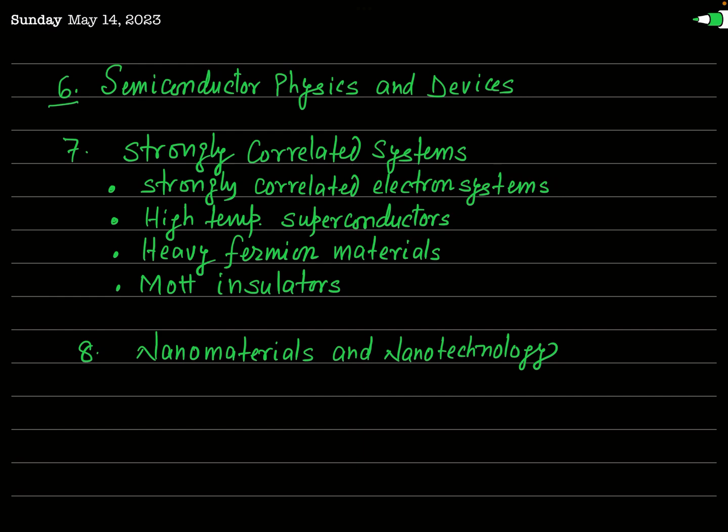Okay, and finally, in the seventh chapter we will see the videos on strongly correlated systems. Actually, this is a very advanced topic, and in this topic we will see the concept of materials where electron interaction plays a significant role.